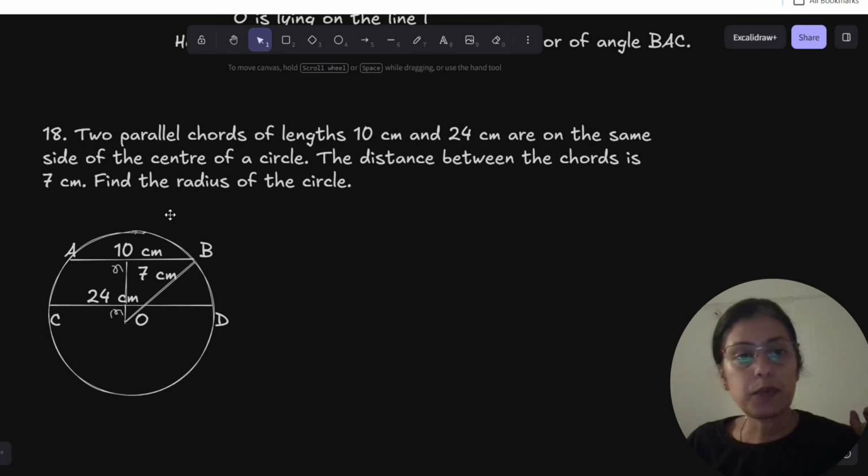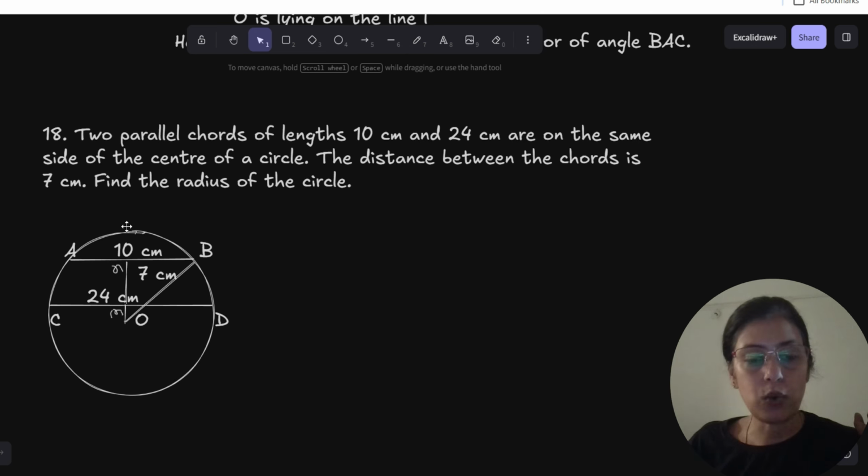Now the distance between the chords is 7 centimeter. This is M and this is N. From O, I have drawn a line perpendicular to CD and AB. Because these are parallel chords, I can draw the same perpendicular line for both CD and AB.